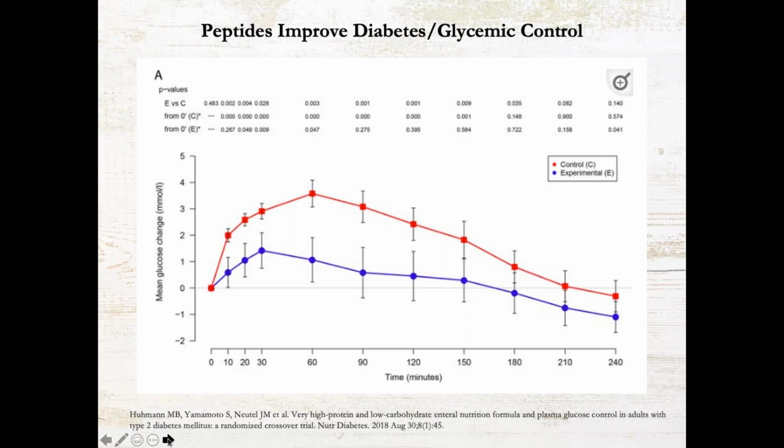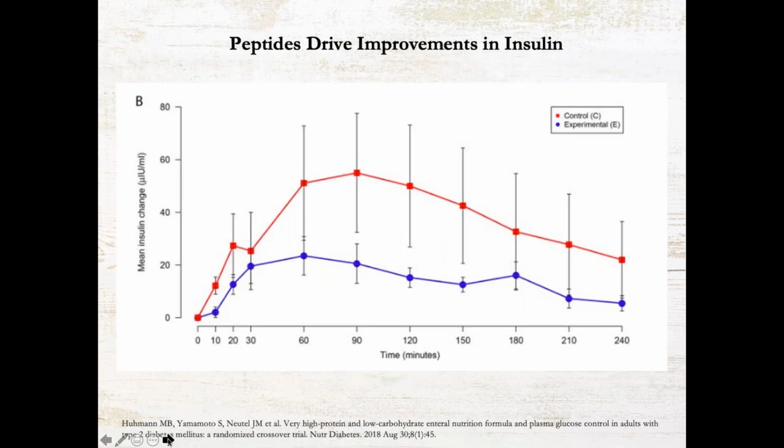So when the percentage of calories from carbs, protein, fats are the same, the ingredients are the same, everything is identical with the exception of a peptide source of protein versus non-peptide, ultimately we get much better glycemic control when a patient is using an enteral formula that contains a peptide source of protein. So again, this is a game changer in my opinion for so many areas, and insulin is even more important than glucose.